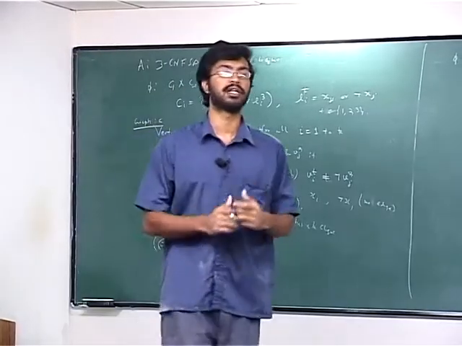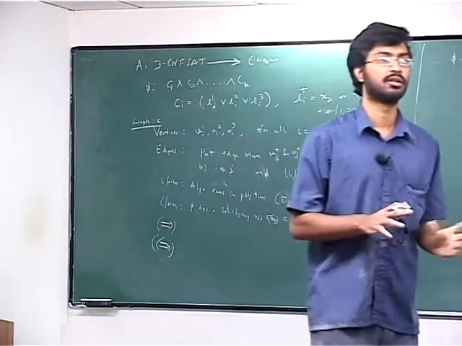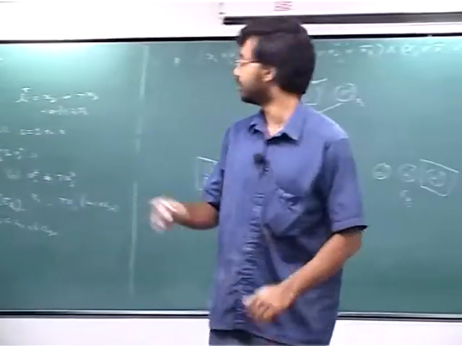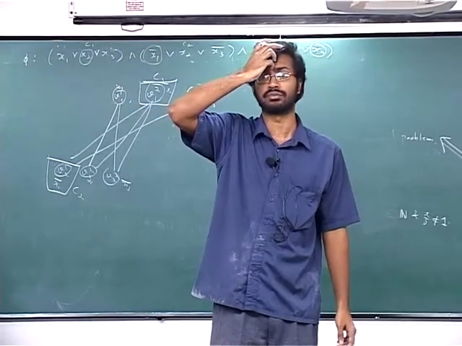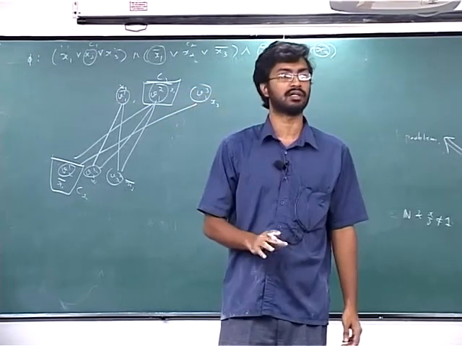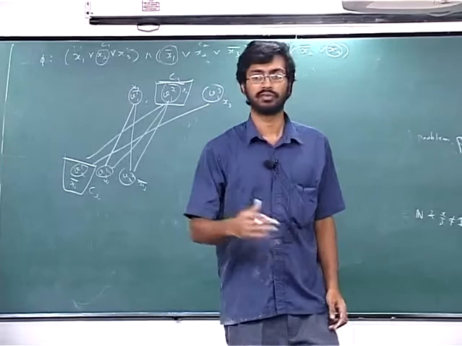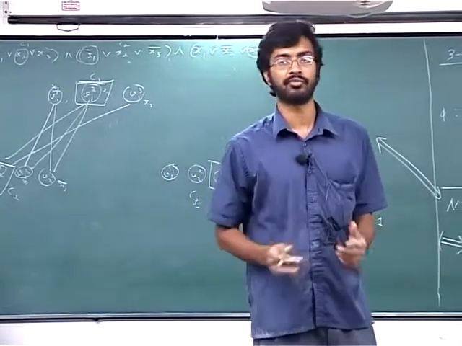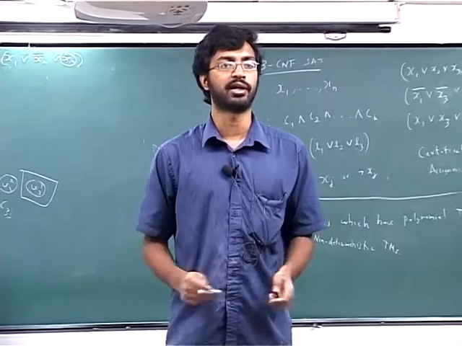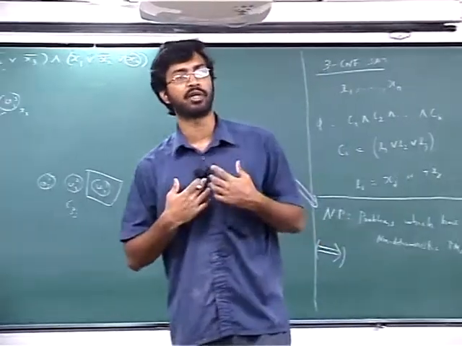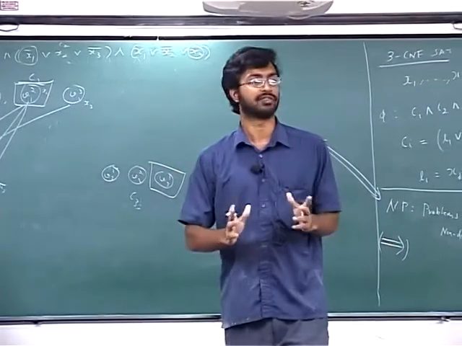So if someone gives me an algorithm to find the clique on k vertices, then I know that there is an easy algorithm for 3CNF SAT. If you have come up with an algorithm to find clique which runs in polynomial time, then I know that I have a polynomial time algorithm for 3CNF SAT.